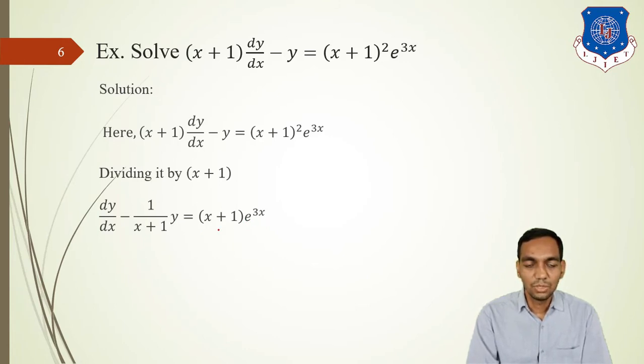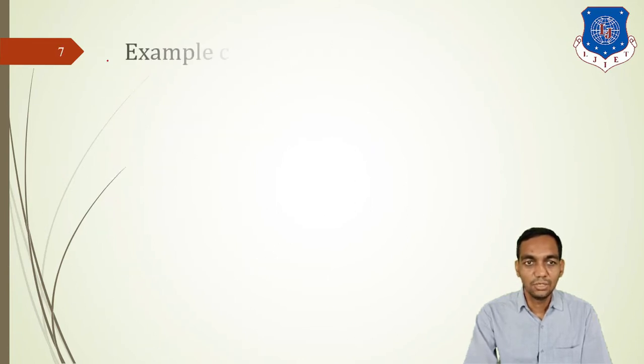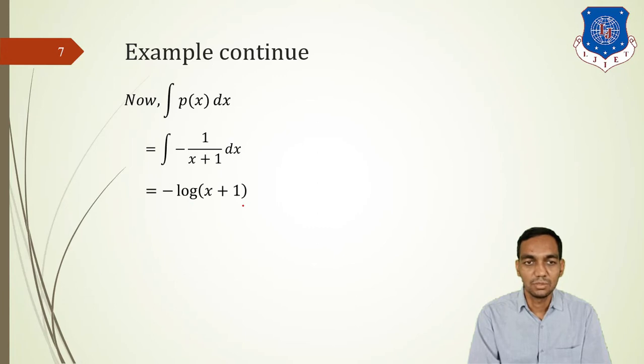If you compare it with the standard equation of linear, then you will have P(x) is equal to minus 1 upon x plus 1 and Q(x) is equal to (x plus 1) into e raised to 3x. So integration of P(x) dx is nothing but integration of minus 1 upon x plus 1, and that will be minus log of x plus 1.